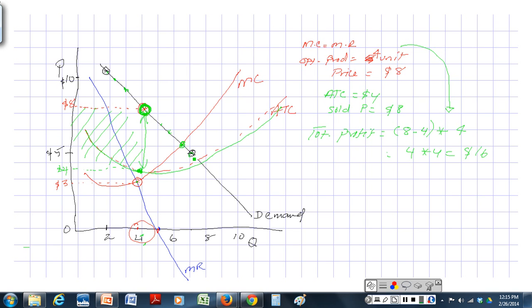Anything below that, like right here, they won't sell because the price at which a customer wants it is lower than the marginal cost of making that extra one, so they wouldn't do it. But individual price discrimination means they can sell at different prices to different customers until the marginal cost equals the demand line.